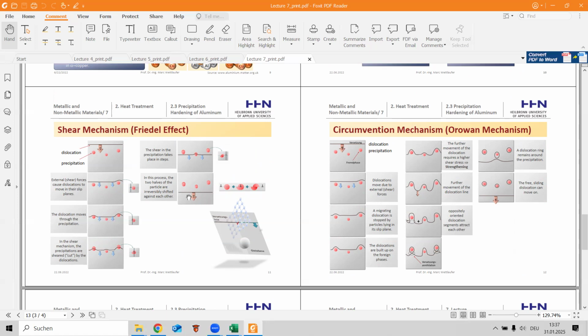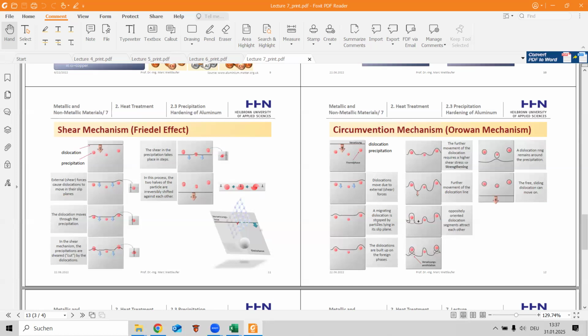So as shown here, the circumvention mechanism. We have here precipitation and precipitation. Due to external shear force, the moving dislocation is stopped by particles lying in a slip plane.